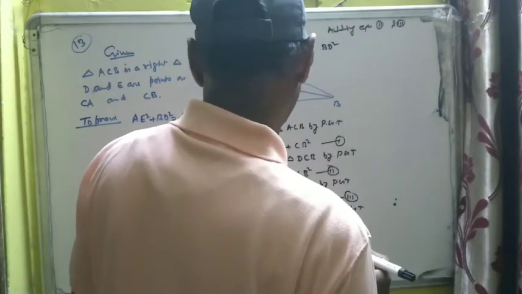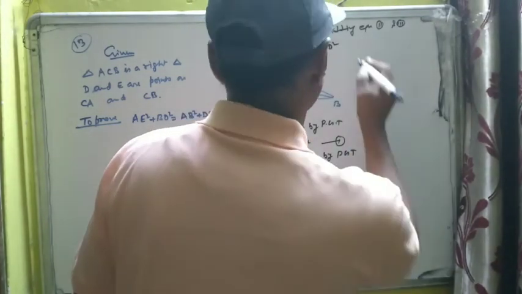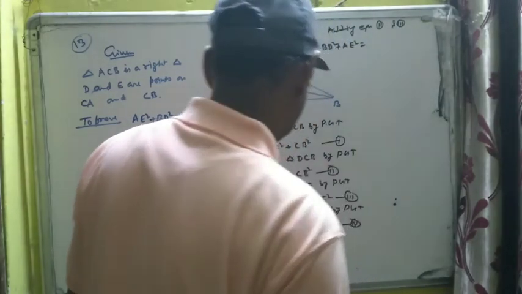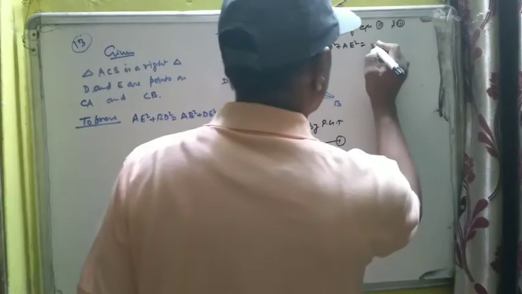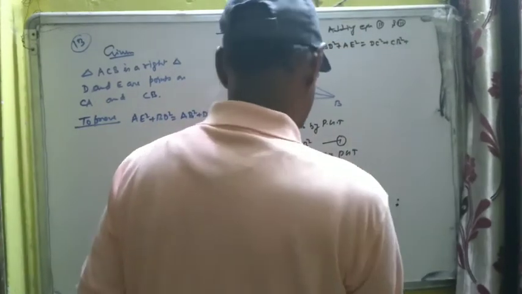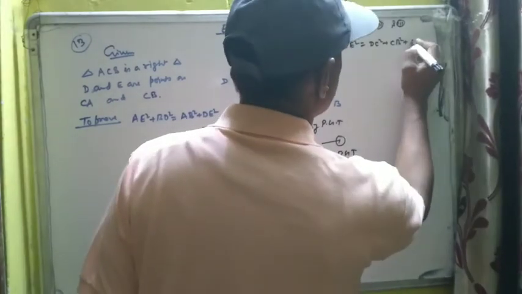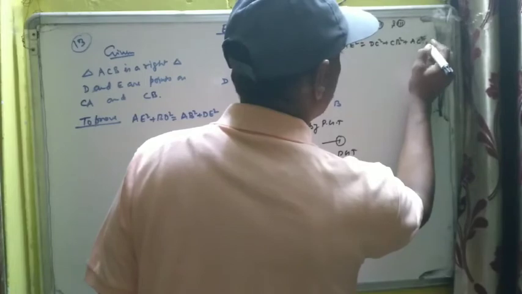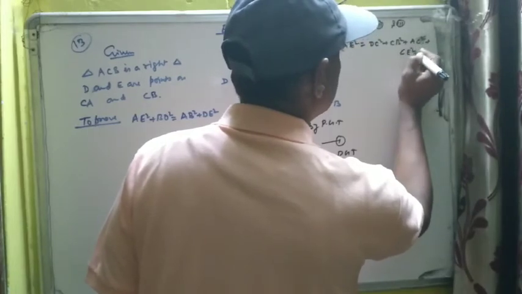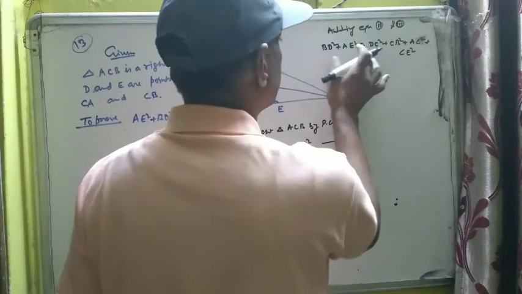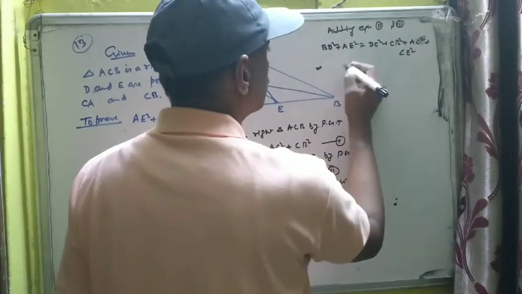So DB square plus AE square will equal to DC square plus CB square plus AC square plus CE square. This one. Now just see, left hand side is matched here.